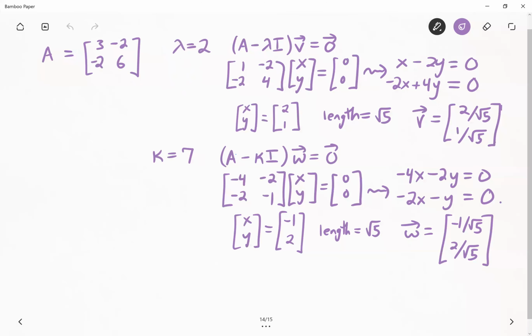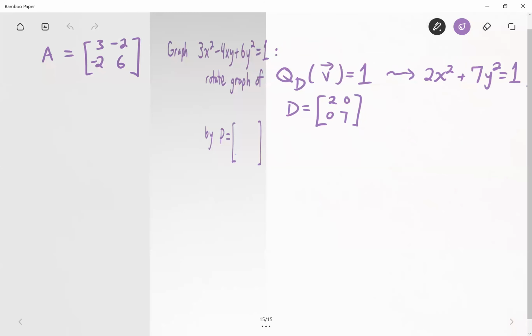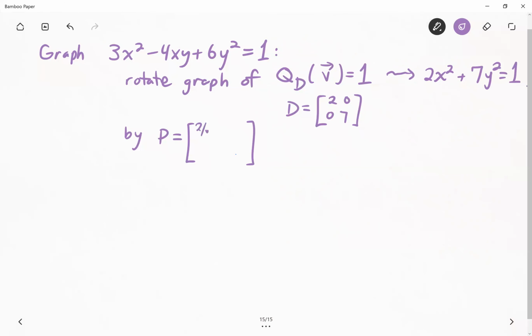Going back to remind ourselves of what those were: 2 over rad 5, 1 over rad 5, negative 1 over rad 5, and 2 over rad 5. And again, you've got a couple of ways you can go about solving this. You could use some trigonometry to calculate the angle, or you can consider the columns of this, the eigenvectors, as your new coordinate axes.